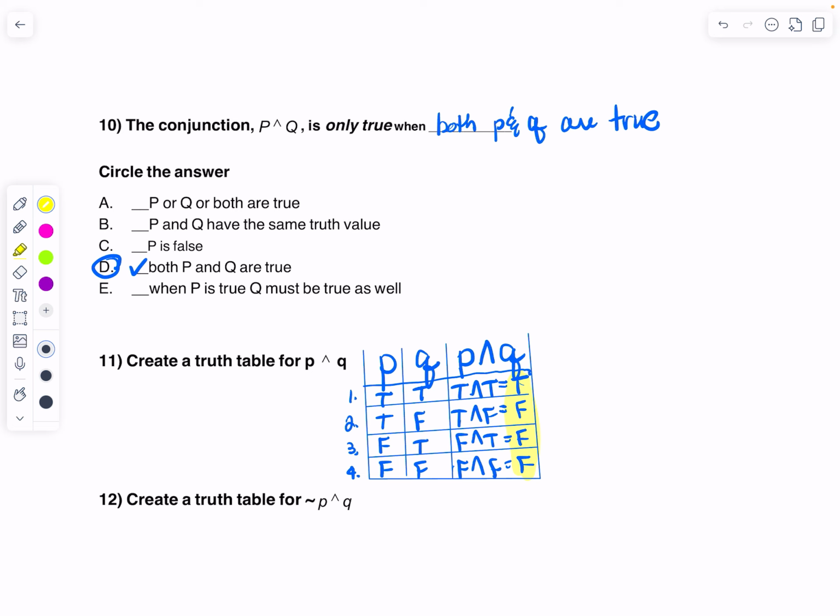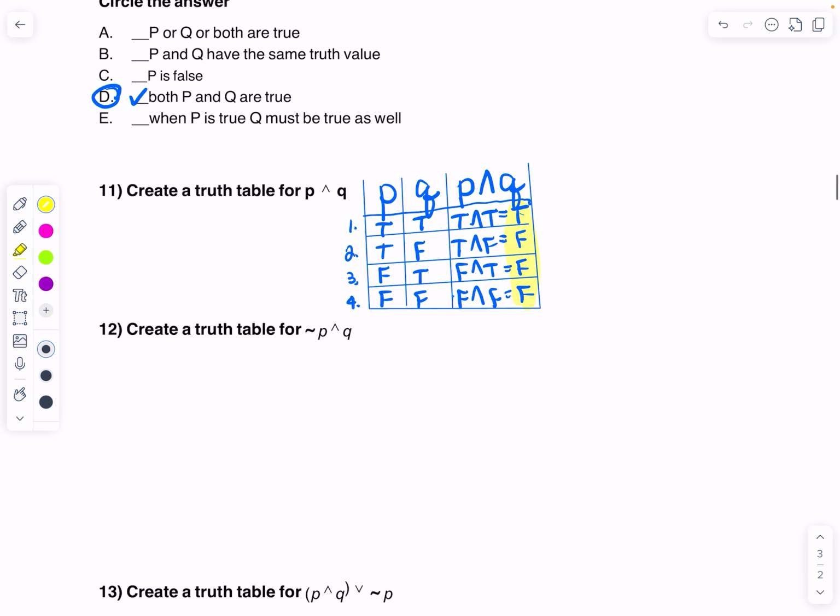Okay, I'm going to do 11 too, and then I'm going to start another video with 13. It says create a truth table for negation P and Q. So again, I have two simple statements. So I know I'm going to have 4 rows. I have a negation, so I need to make a column for the negation.